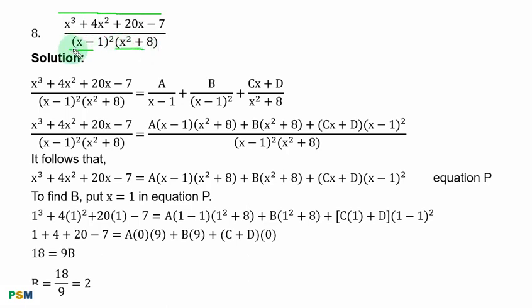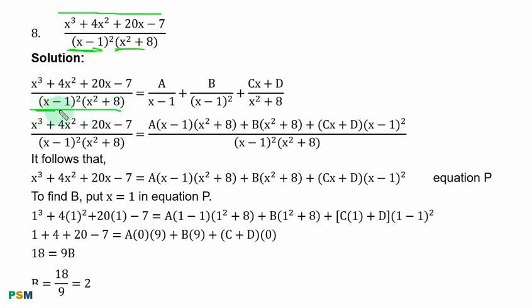The first factor is linear and it is repeated. The second factor is quadratic, but it is not repeated. So you have the given compound fraction.